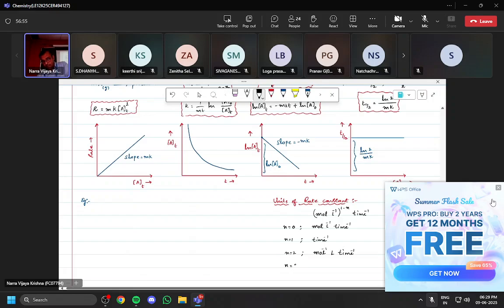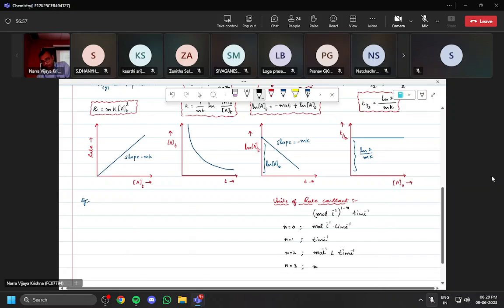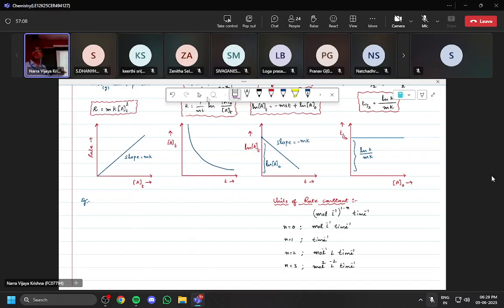Third order, mole square, liter inverse square, time inverse, and so on. Right? By observing the rate constant units given in a question, can you say whether it is first order or second order and so on? Done? Any questions in this further?